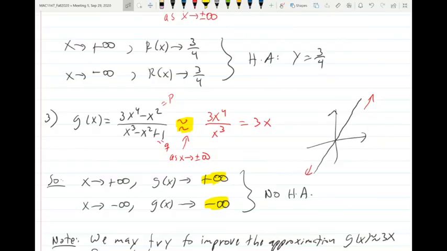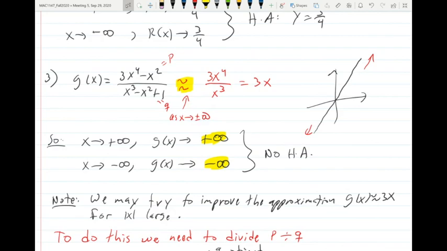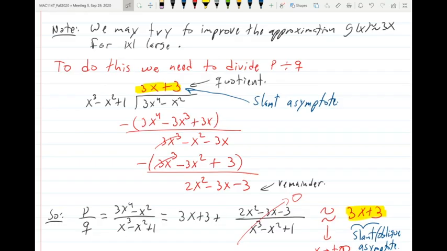But 3x is just a rough approximation. If you want a better approximation, we needed to divide the two polynomials. By doing the division, you look at the quotient, and then you can see what the slant asymptote is, which in this case was 3x plus 3.